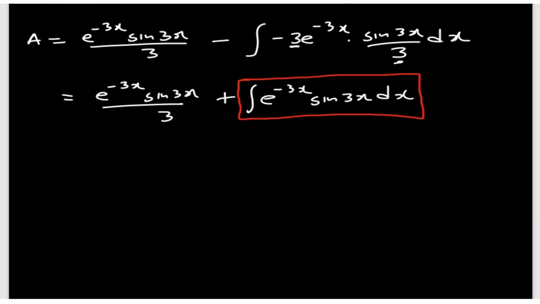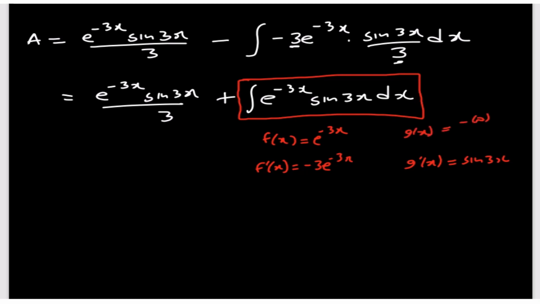Now let's not forget. This is e minus 3x. This is minus 3 e minus 3x. This one is sine 3x. The integral is negative cos 3x over 3.